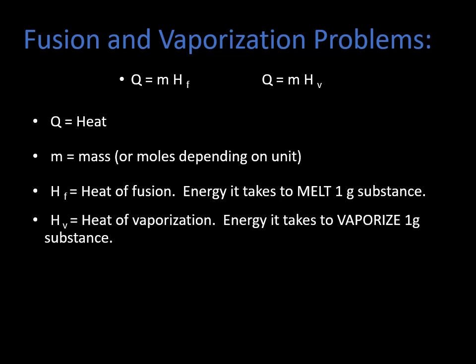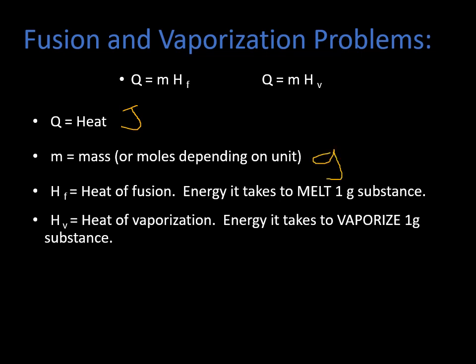So we have two different formulas. We have Q equals mHf and Q equals mHv. Q is heat. So that is typically going to be in the unit of joules for us. M is for mass, and we're going to use grams.